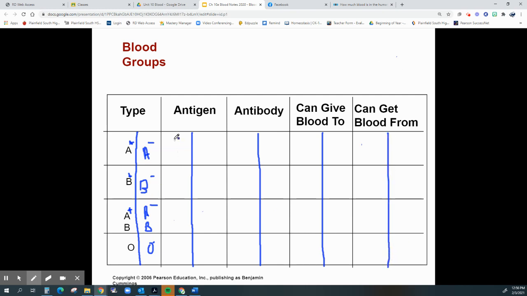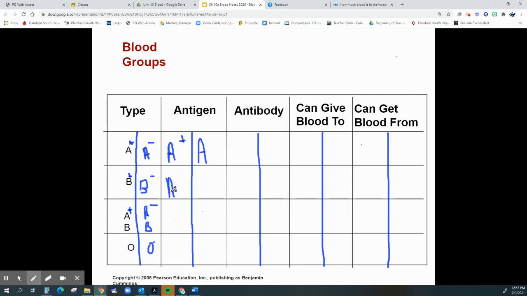On this side, these people are going to make the A antigen, and then they're going to make the positive antigen. These individuals will make the A antigen, and then there will be no Rh factor.